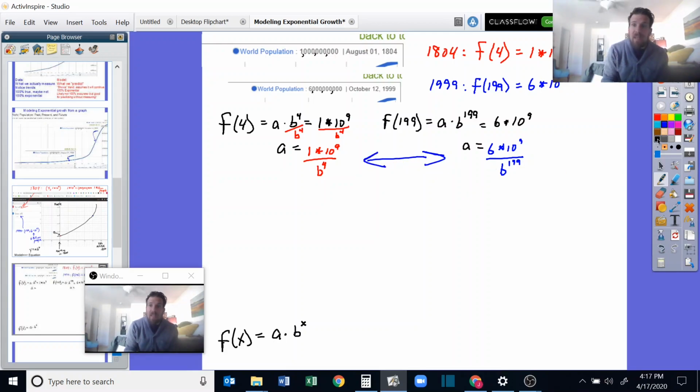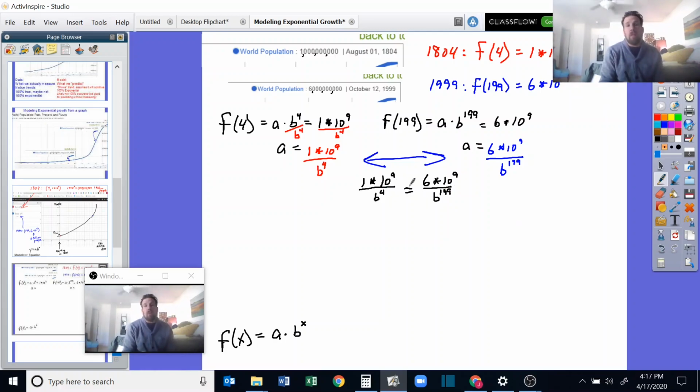So what I've got here is 1 times 10 to the 9th, that 1 billion over b to the 4th, is equal to 6 billion over b to that 199th.